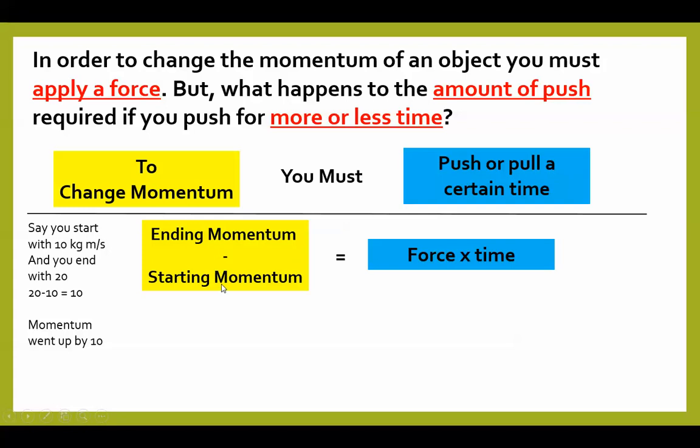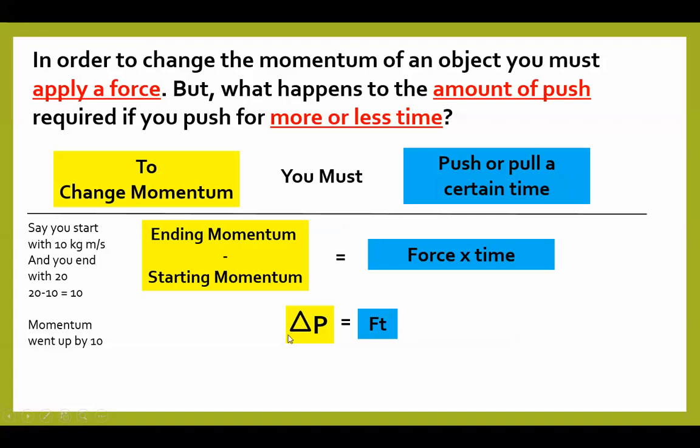On the other side of the equation, the part where in order to change momentum, you must apply a push or a pull for a certain amount of time, well, that's a force times time, force multiplied by time. So now we're starting to get closer to an equation, and it actually looks like this. This is the triangle shape. This is called delta. It's a Greek letter.